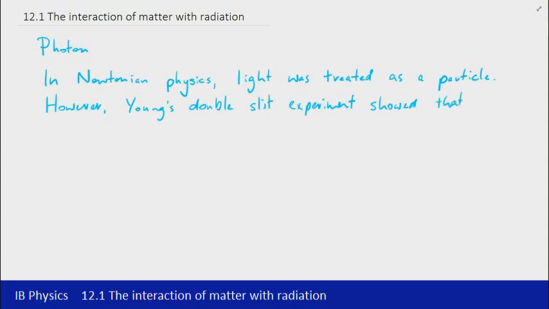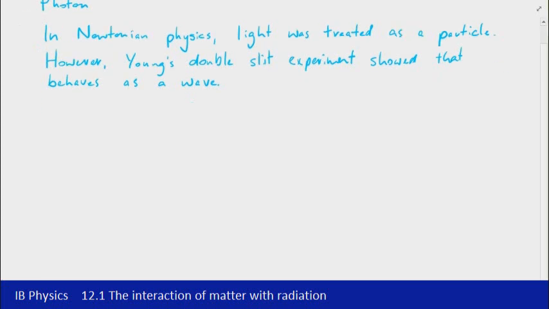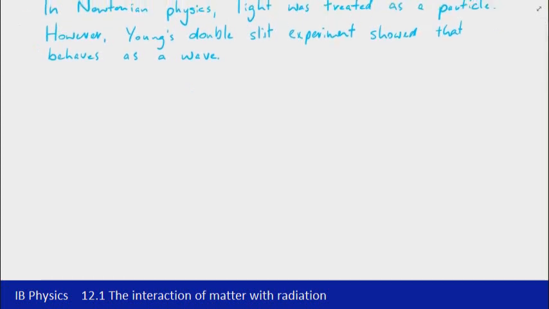So we've got this interesting scenario now that we started off with a particle understanding, and then we move forward into Young's double slit experiment, and we see that light behaves as a wave. So if we look at classical theory then, still dealing with Newtonian physics, there are certain properties that we would expect to see about electromagnetic radiation.